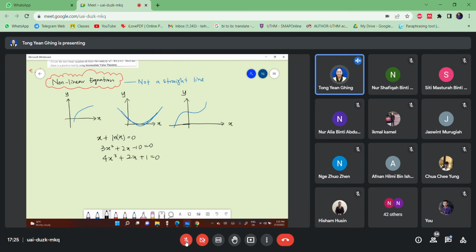So this is a non-linear equation. When we have all these equations, this time it is really hard. We want to know the intercept here, what the root is here. It's really hard to find this root. It cannot be straightforward. So it is difficult to obtain.